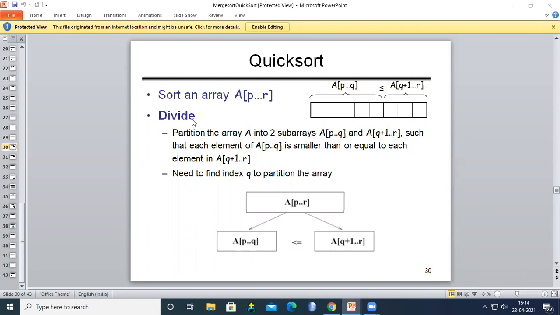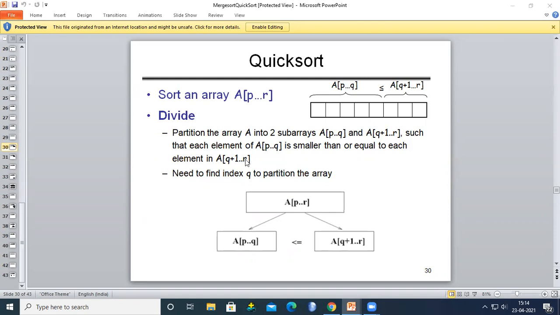So we have the divide and conquer algorithm. Divide means partition the array A into two subarrays, A[P..Q] and A[Q+1..R]. So we are dividing or partitioning the given array into two parts, such that each element of A[P..Q] is smaller than or equal to each element in A[Q+1..R].